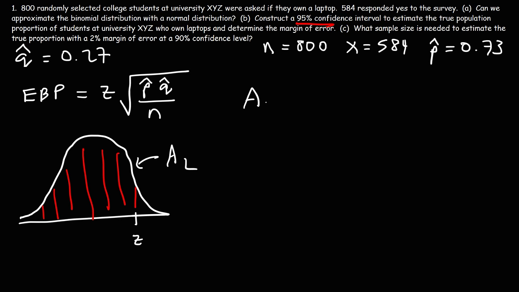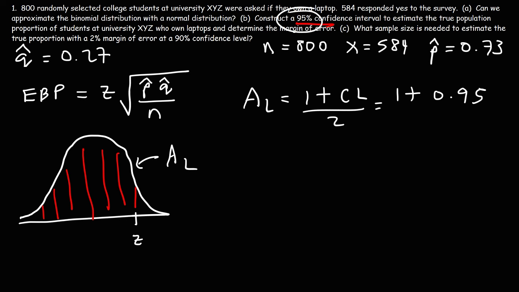And here it is. It's 1 plus the confidence level divided by 2. The confidence level is 0.95, since we're dealing with a 95% confidence level. So we have 1.95 divided by 2, and so the area to the left is 0.975. Let me explain how that works.